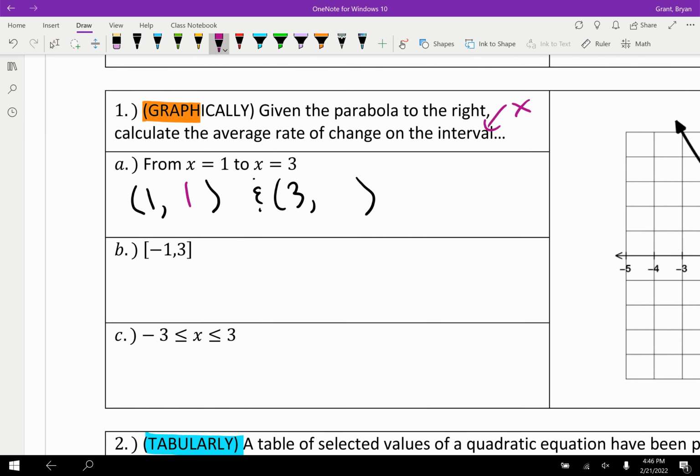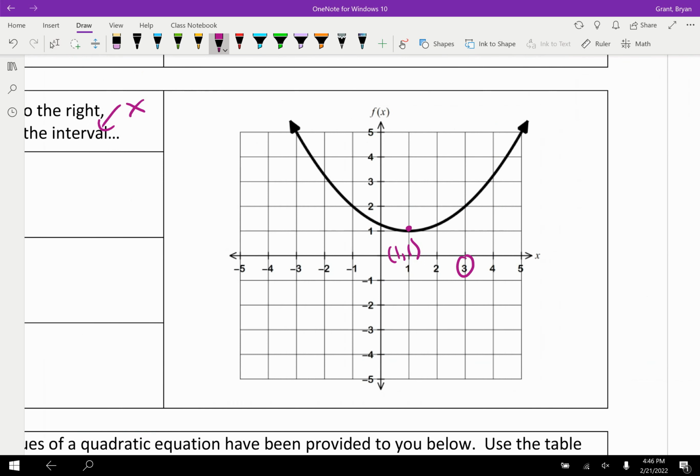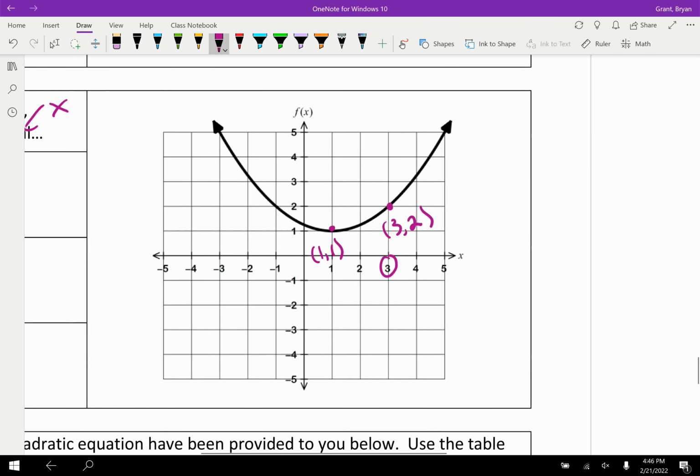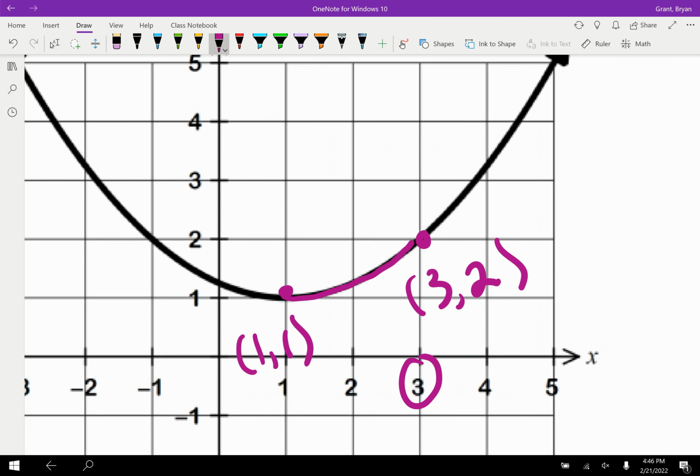Then we do the same thing with 3. This one goes faster. X value of 3, what is the y value that puts us on the graph? Well, that is certainly 2. So 3 comma 2. So what they're asking us here is to say, what's the average steepness from this point to this one? And you'll notice that it's not very steep over here, gets steeper, steeper, and steepest at the end.